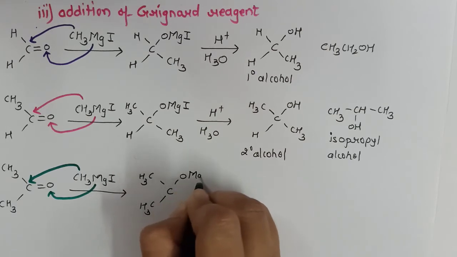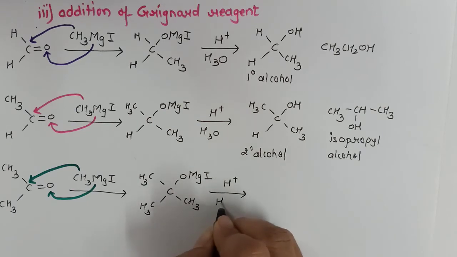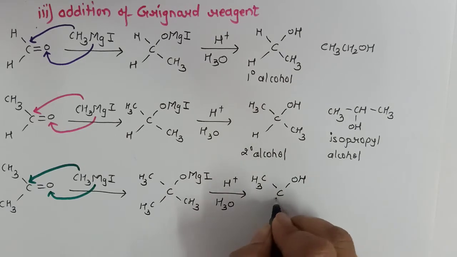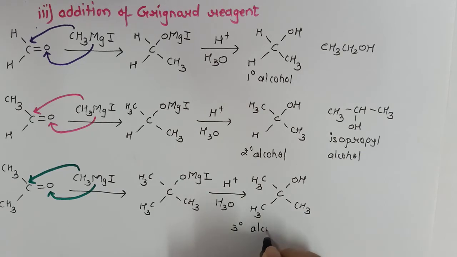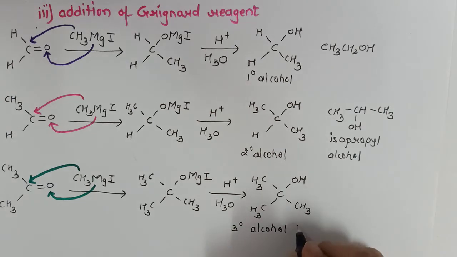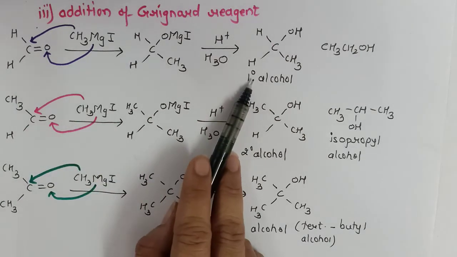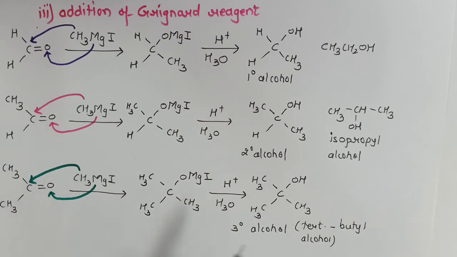First of all, we get the addition product, followed by hydrolysis in acidic medium, which gives us 3 degree alcohol. So this is tertiary butyl alcohol. Methanal will give 1 degree alcohol, an aldehyde other than methanal gives 2 degree alcohol, and a ketone will give 3 degree alcohol.